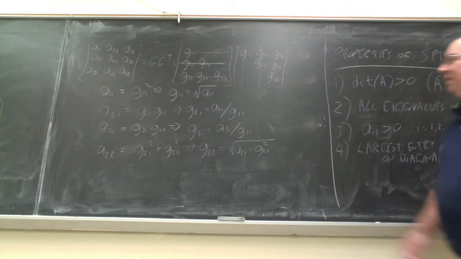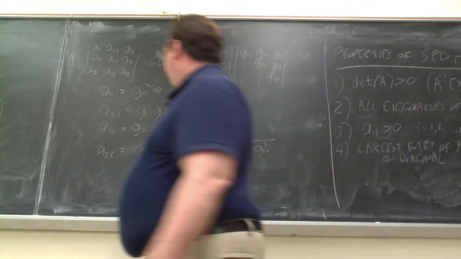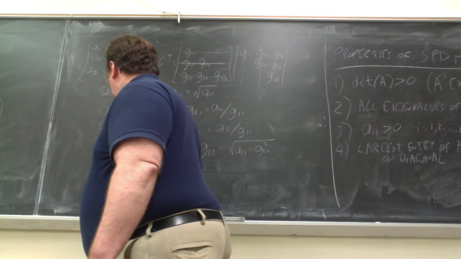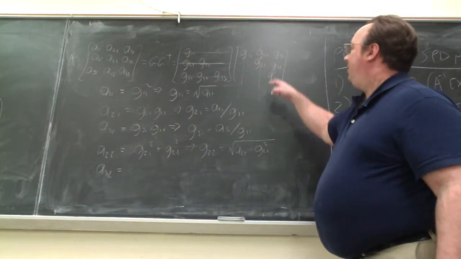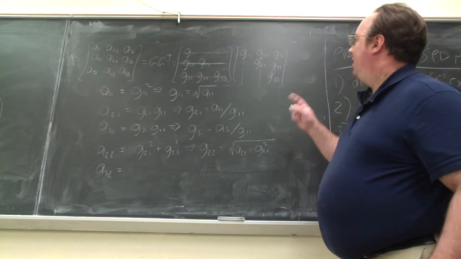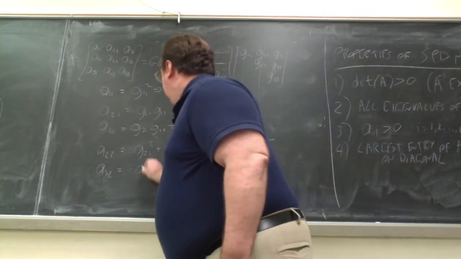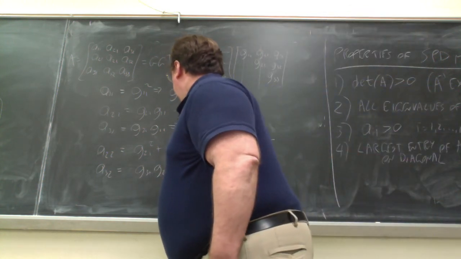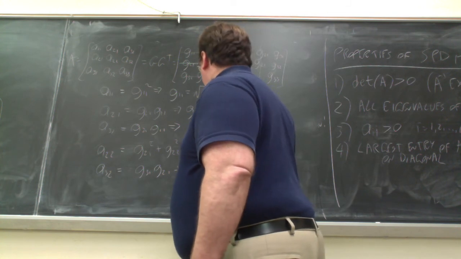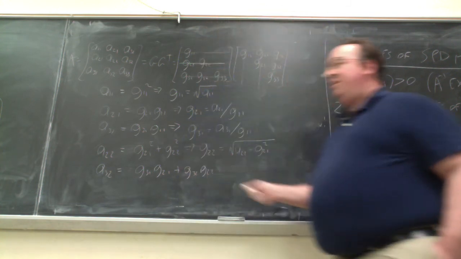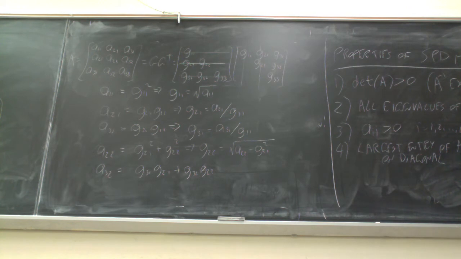Okay. Now, the 3-2 entry. So we go across the third row and down the second column, so that's going to be G31 G21 plus G32 G22. And we know everything on the right side except for G32, so we can solve for it.